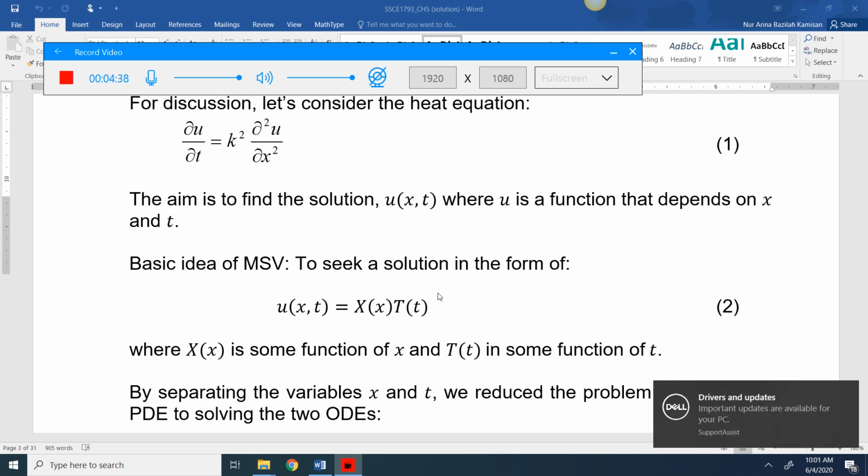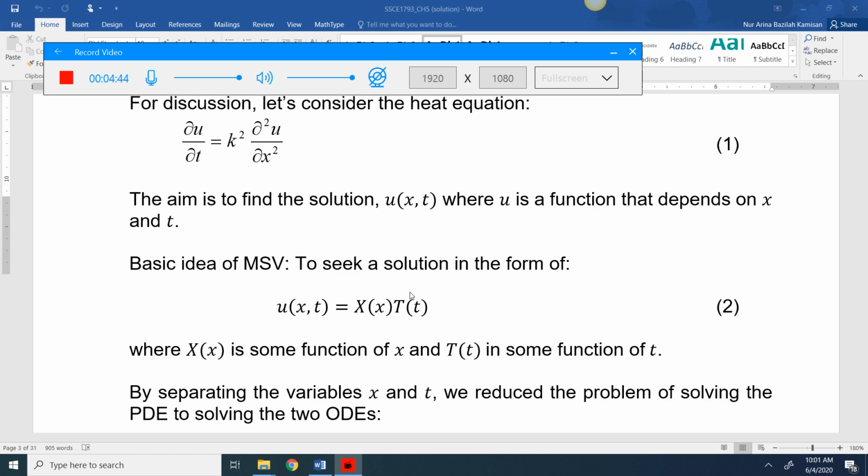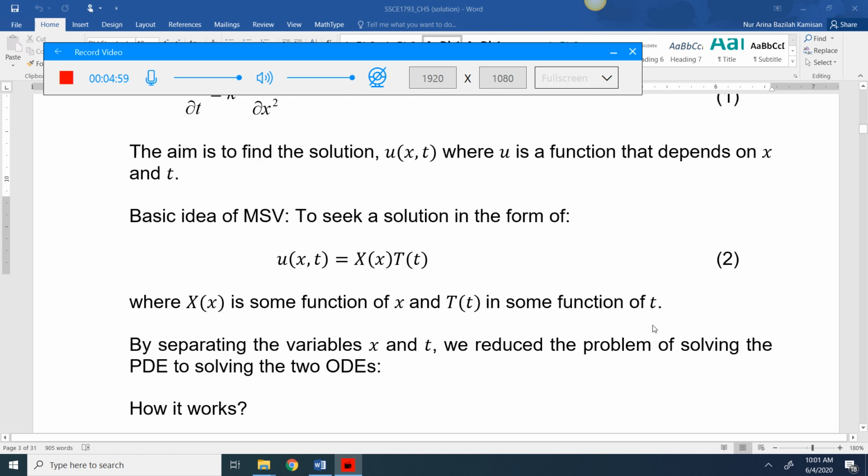Although we don't know the exact equation, we can say generally the equation must be in the form of x and t. So X is some function of x and T is some function of t. It's correct, right? Because you write the equation as u(x,t), so you must have x and t inside it.